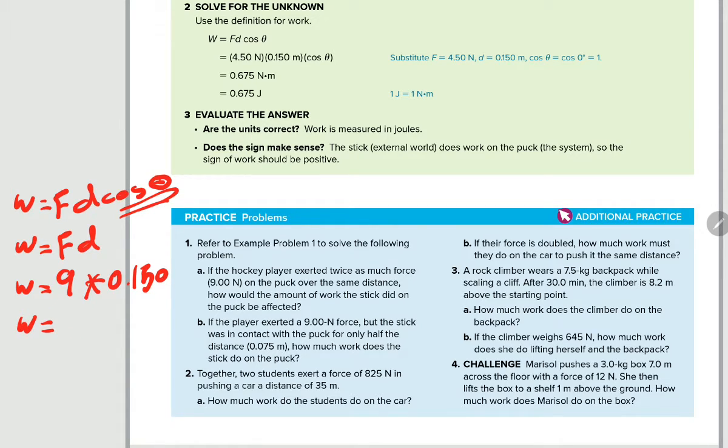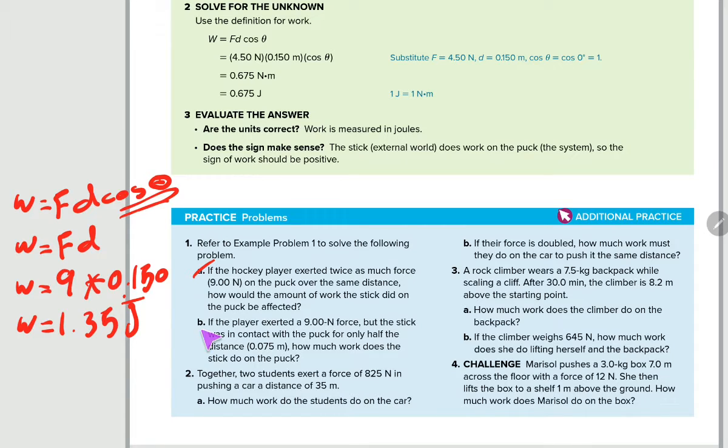The final result for the work was 1.35 joule. And this is the final result for the work. This is for question A.